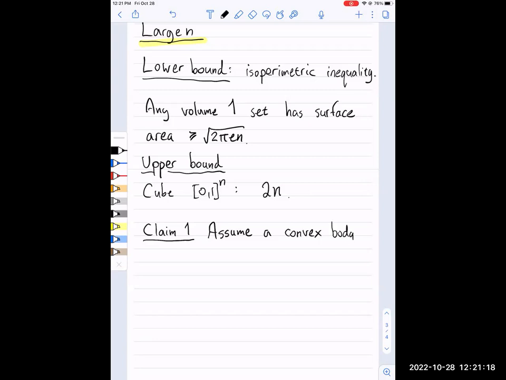So you take a convex body. I will assume the body is convex. That makes it much easier to argue about, as you'll see in a minute. Assume a convex body K contains a big Euclidean ball. So basically what we care about is the inradius. We want the body to contain a Euclidean ball of radius r.